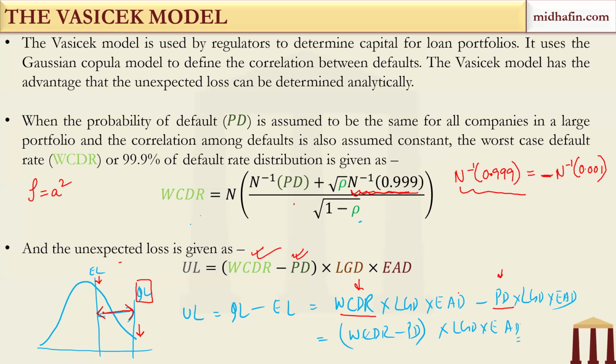Do you agree that it will become negative if WCDR is less than PD? If I tell you the average, yes, exactly, less likely to occur, right? No, but this is probability only, Vedant. This WCDR itself is a probability. That is what we are assuming. That is what we are calculating also. It's a probability. N of something. It's a probability.